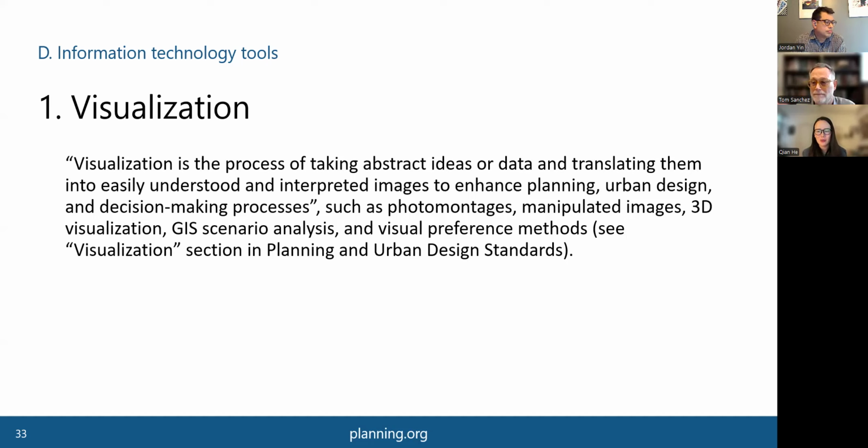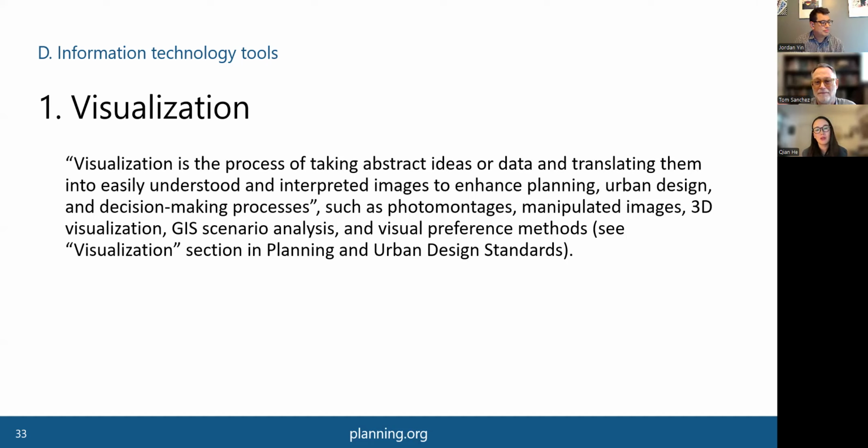Not exactly sure what that means. It can be AI generated images that some planners can use in their projects, I believe, and 3D visualization and geographic information system, scenario analysis and visual preference methods.